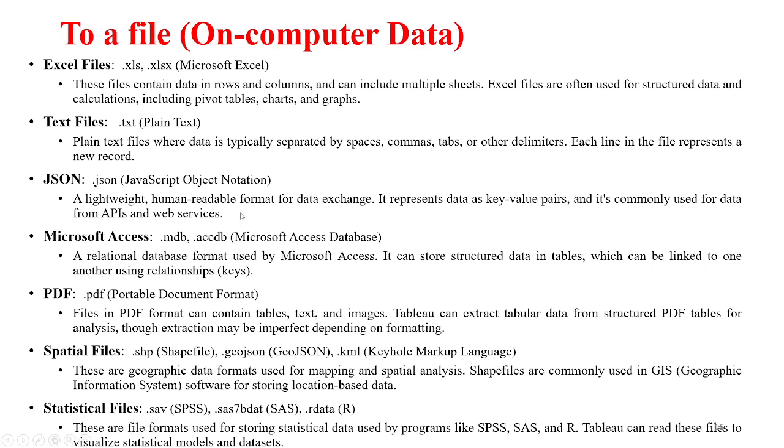Second one is a text file. Text means, as a Notepad, we can say as a Notepad we have the .txt plain text. So this is the simple file, and we can use this file for data analysis and data visualization. The data in a text file is typically separated by spaces, commas, tabs, or other delimiters.